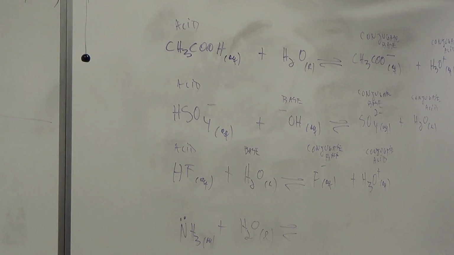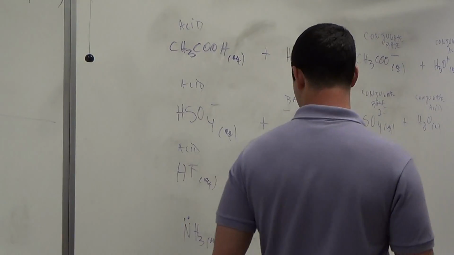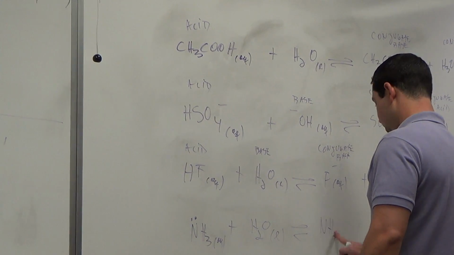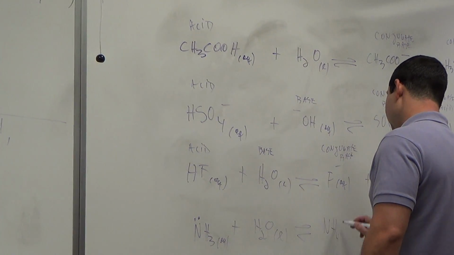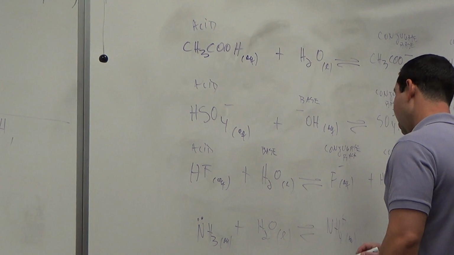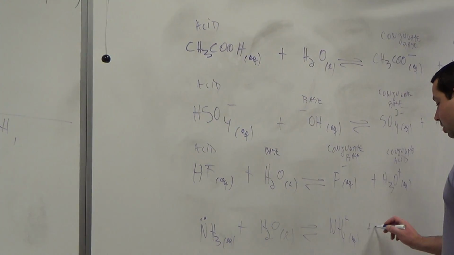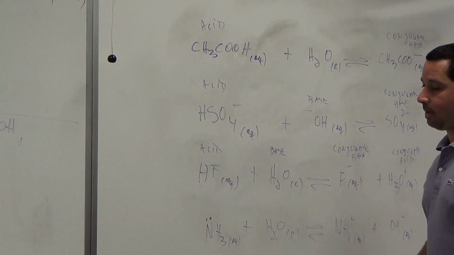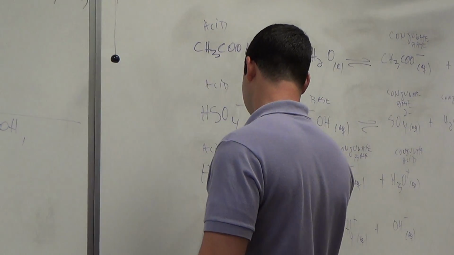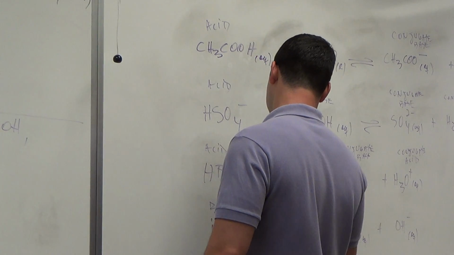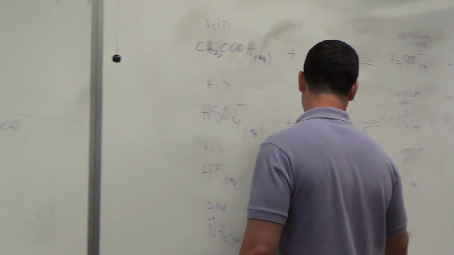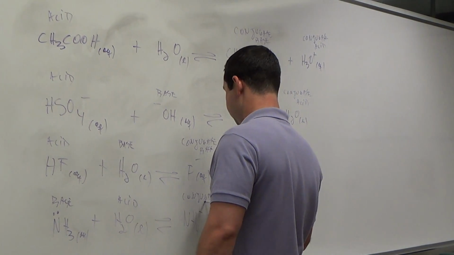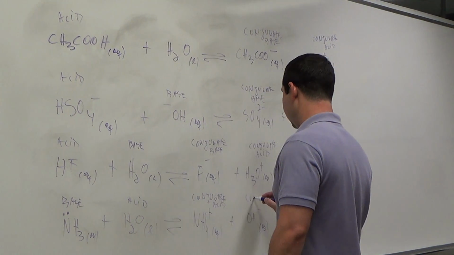So the NH3 is going to be the base and is going to pick up a hydrogen from the water to become NH4. This is called ammonium. Plus OH minus. This is the base. This is the acid. This is the conjugate acid. And this is the conjugate base.